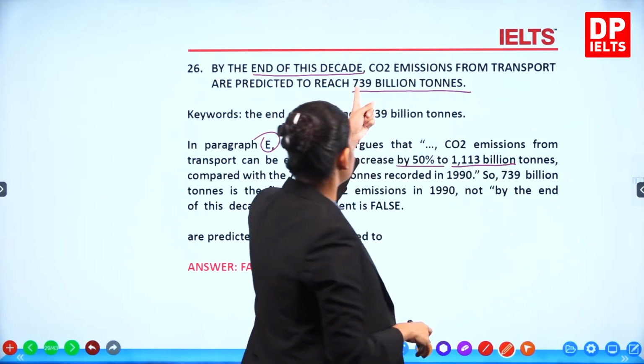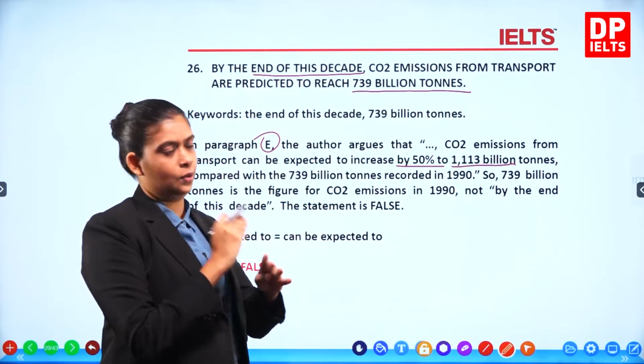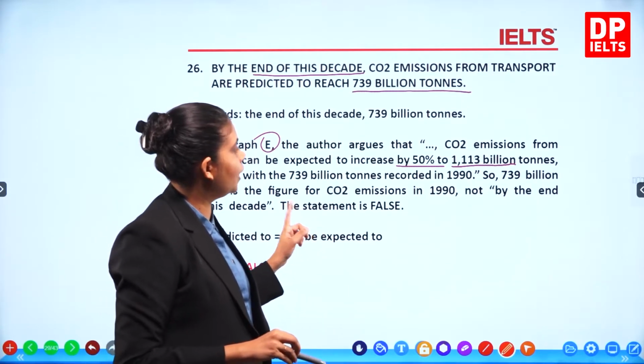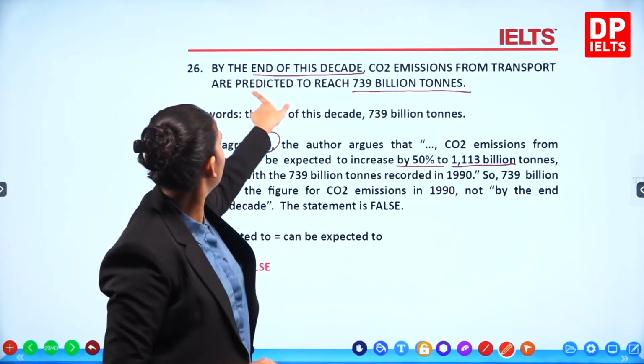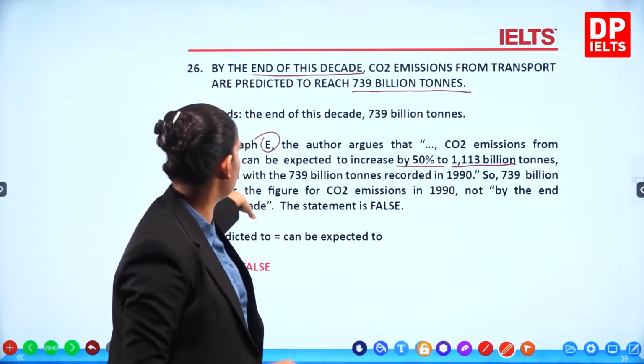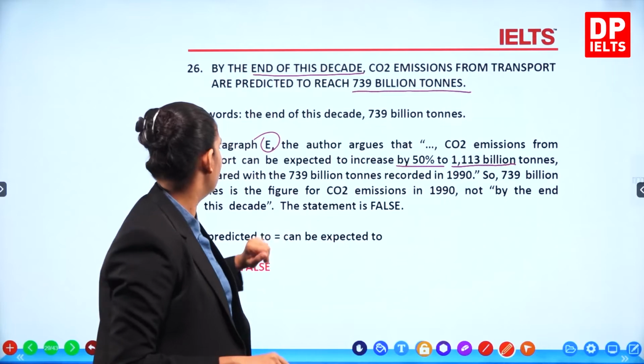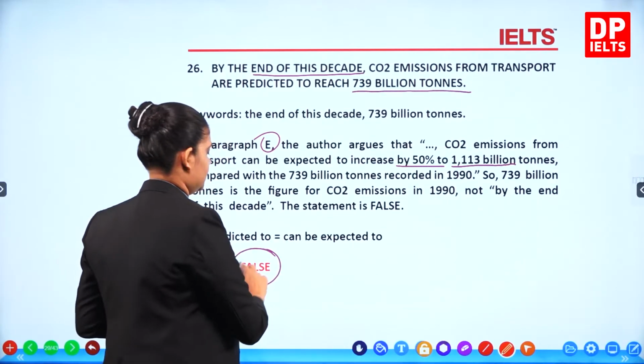So is it going to be 739? No, it's going to be 1,113 billion, okay? And it says by the end of this decade, so definitely not. Answer is false.